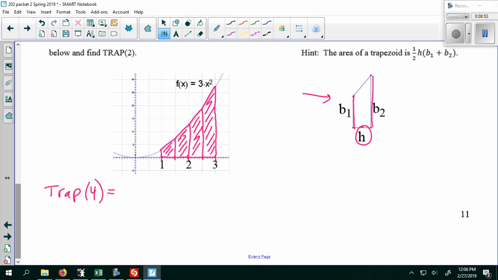My first trapezoid, I'm just plugging into my formula. I have 1/2 times the height, which is 1/2, times base 1 plus base 2. So my base 1 is this height, my base 2 is this height, and those are function values. That is 3 times 1 squared plus 3 times 1.5 squared.